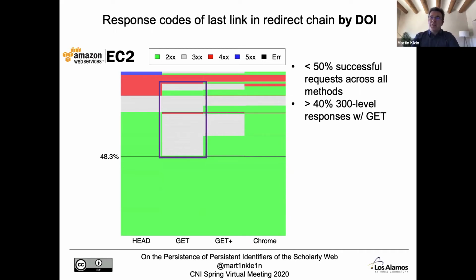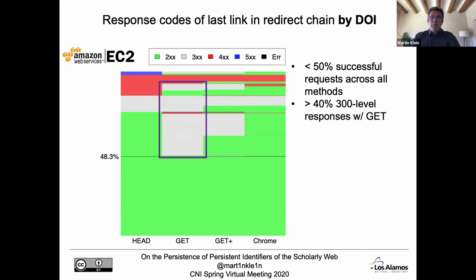The second observation we can make is a significant portion of DOIs that do not respond well when the simple GET method is used. 300 level responses should not be the final response code of the redirect chain, right? Because by definition, a redirect indicates that there's something else to follow. More than 40% of those DOIs respond with that level of response code for simple GET methods.